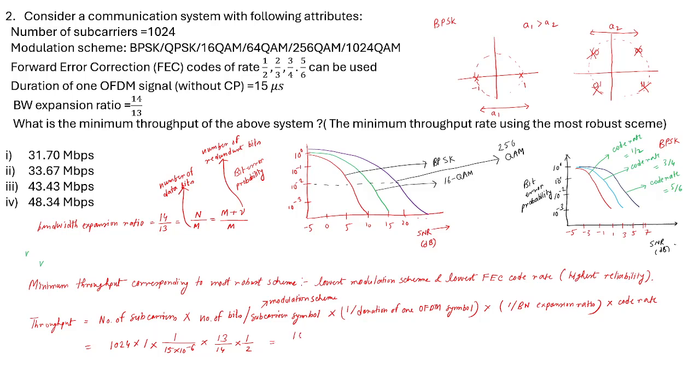So it's like 1024 into 13 divided by 15 into 14 into 2 Mbps. I just took this 10 to the power minus 6 and absorbed it, so it becomes Mbps. And after calculating, let me check.